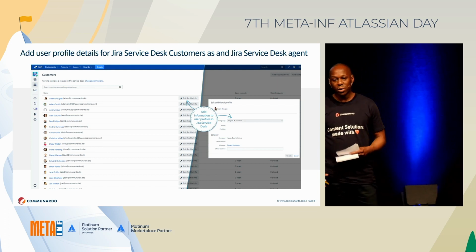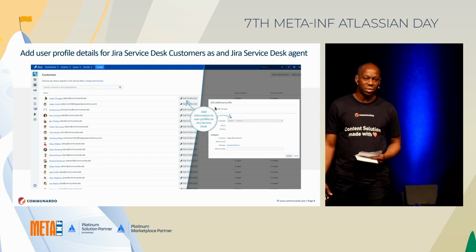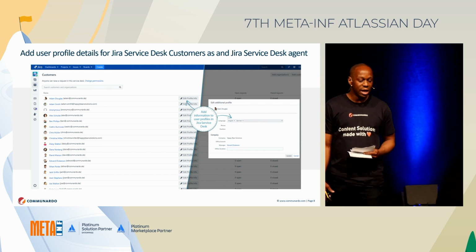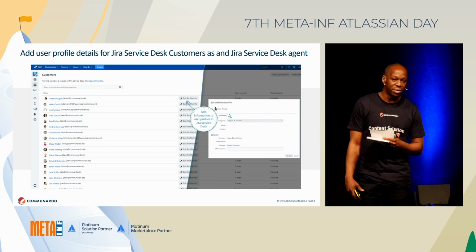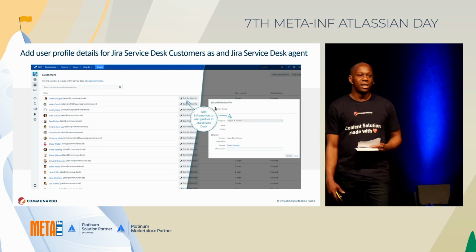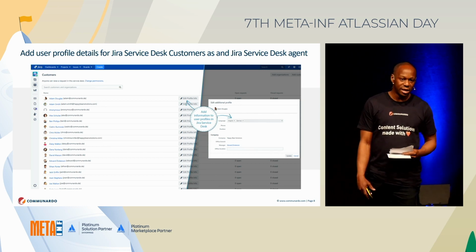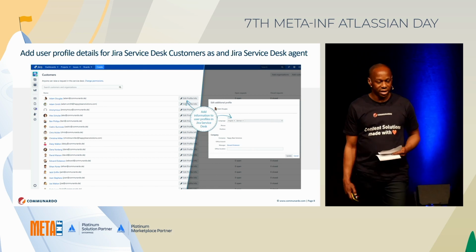Knowing your customer is part of getting a happy customer. And with this additional information, your service agents can not only build rapport with your customers, but indeed service them much faster.